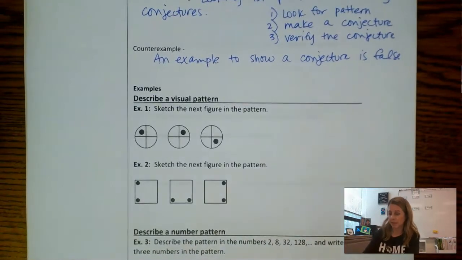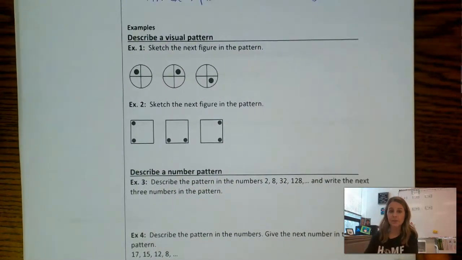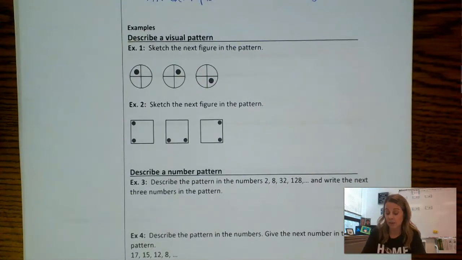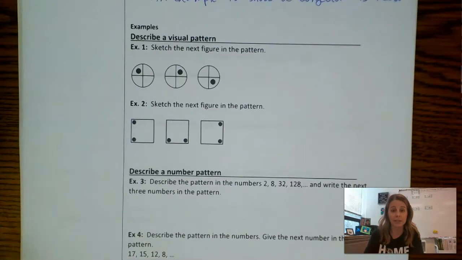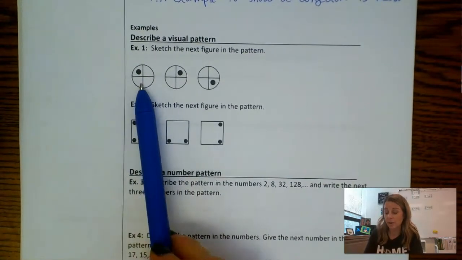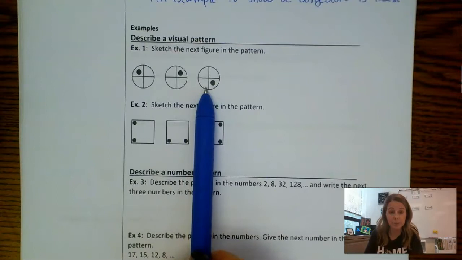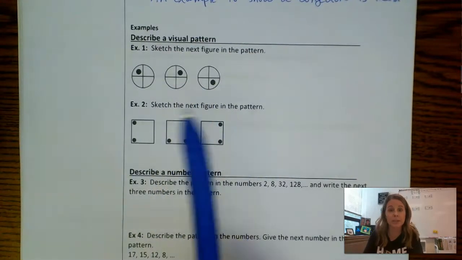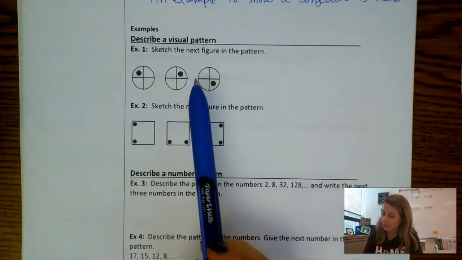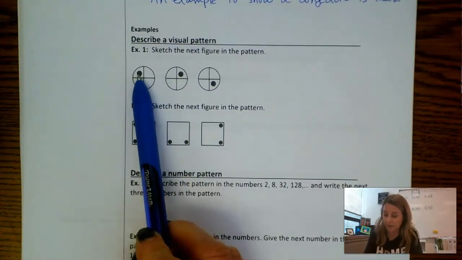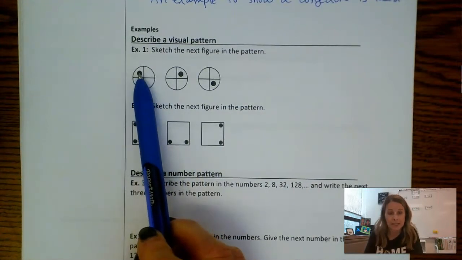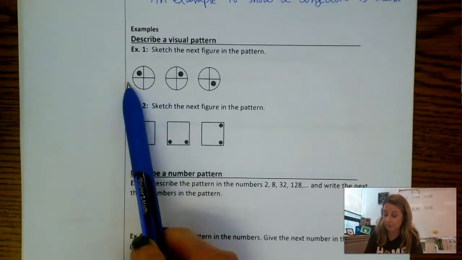All right, let's look at some patterns here. So the very first part of inductive reasoning is starting with some basic patterns. So on these 2 examples, we are going to sketch the next figure. So we are going to notice what's happening in the prior 3 figures, and then we're going to assume that's going to happen in the next one. So I can see that the main difference is this dot seems to be moving around the circle.